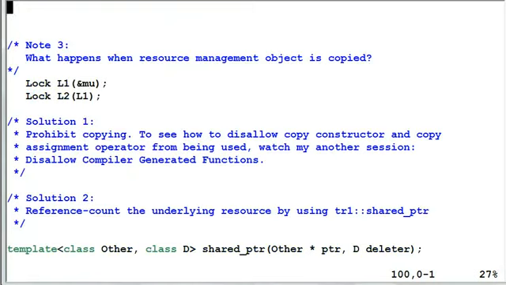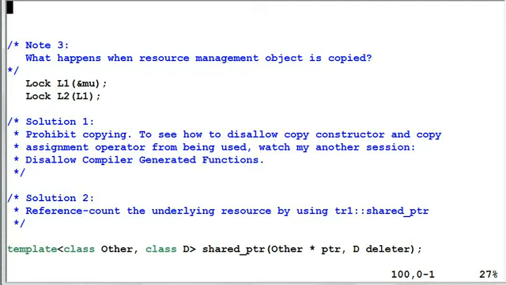Our last note. What happens when the resource management object is copied? So in this example, I create L1 from mutex MU and then copy construct L2 from L1. Usually the mutex is mutually exclusive, so it cannot be shared by multiple clients.